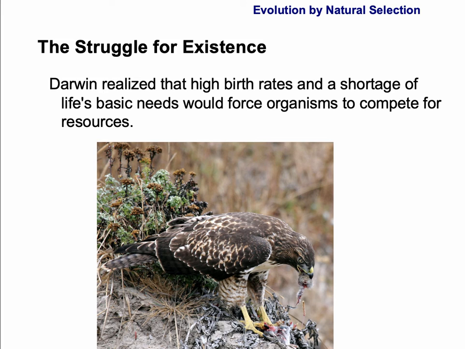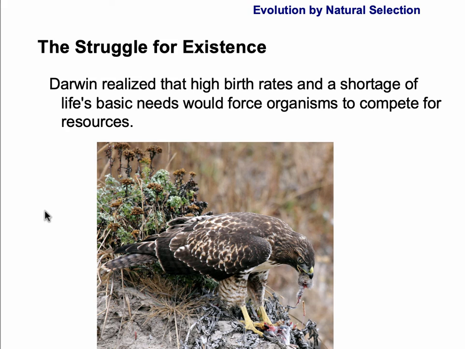So, if humans in a few hundred or a few thousand years could create all of these dramatic changes in species of plants and animals, what might the struggle for existence and natural selection be able to do in the wild for plants and animals, and fungi and bacteria?